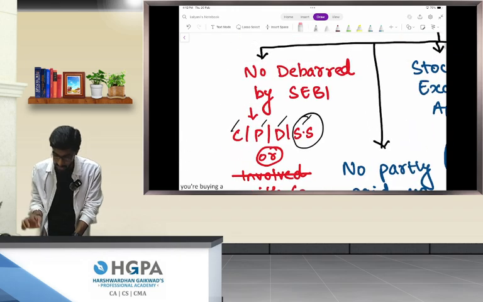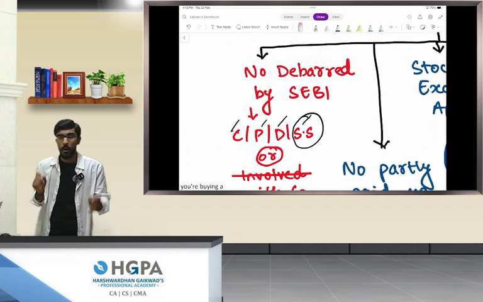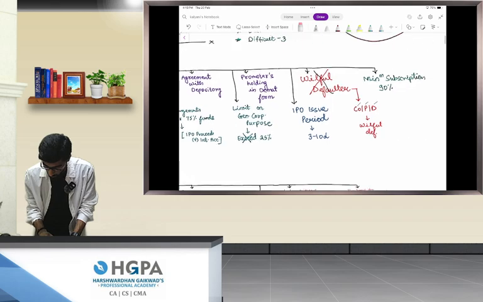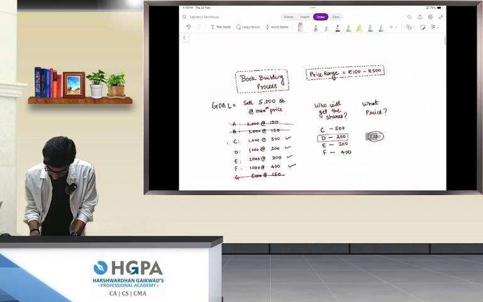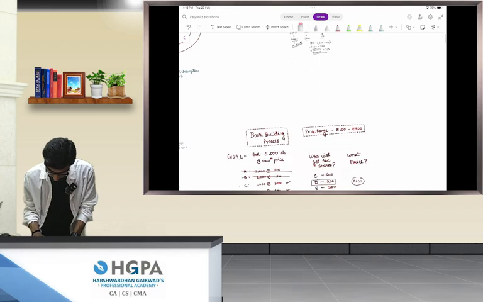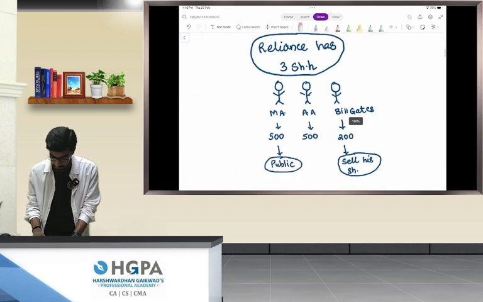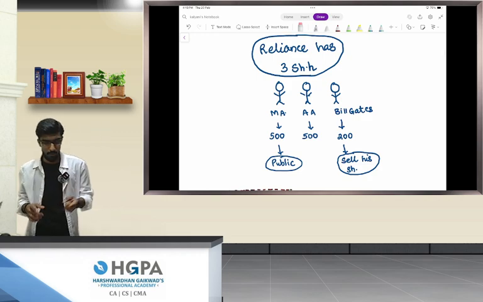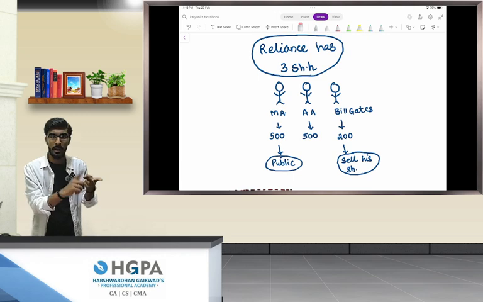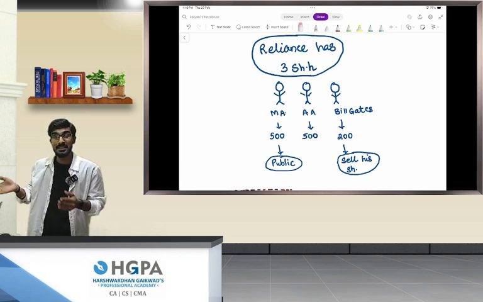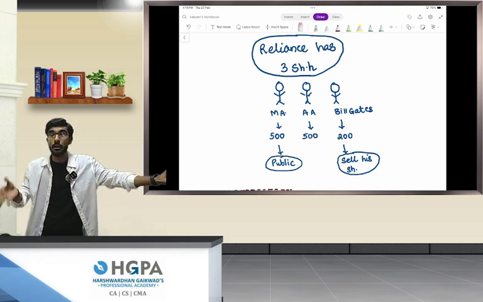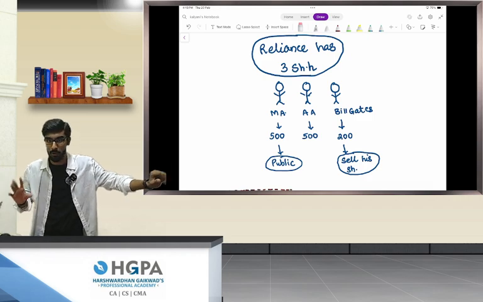Over here, I mentioned selling shareholder. What is the meaning of selling shareholder? Reliance Industries has 3 shareholders: Mukesh Ambani, Anant Ambani, Bill Gates. Bill Gates is selling his shares to the public, so Bill Gates is a selling shareholder.